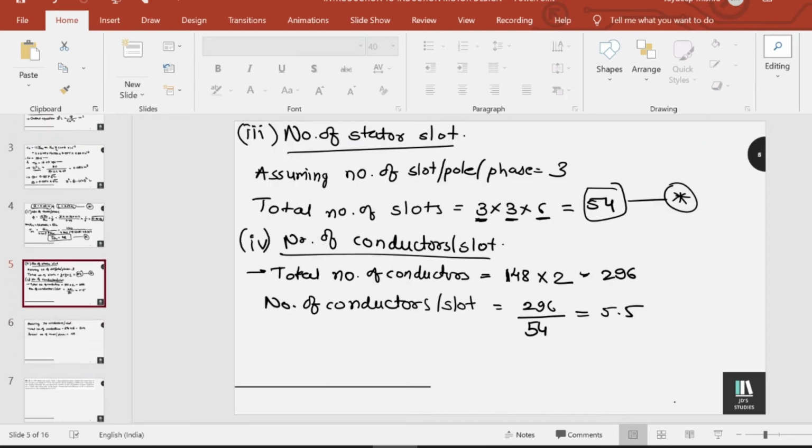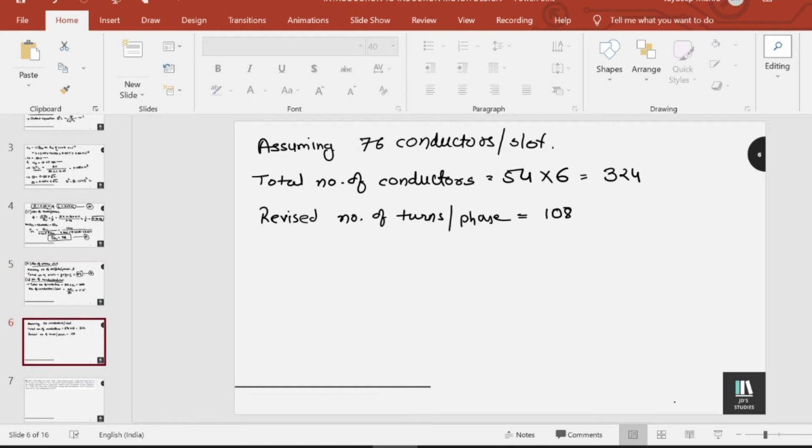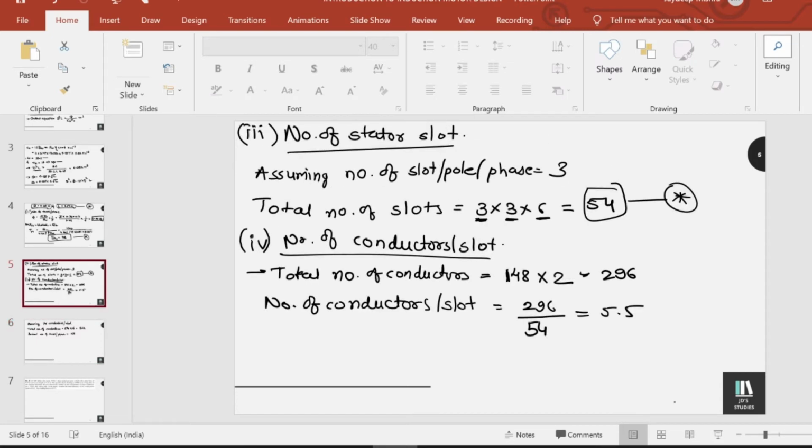So we get the answer: conductors per slot is 5.5, which is approximately 6. The number of conductors per slot is approximately 6.